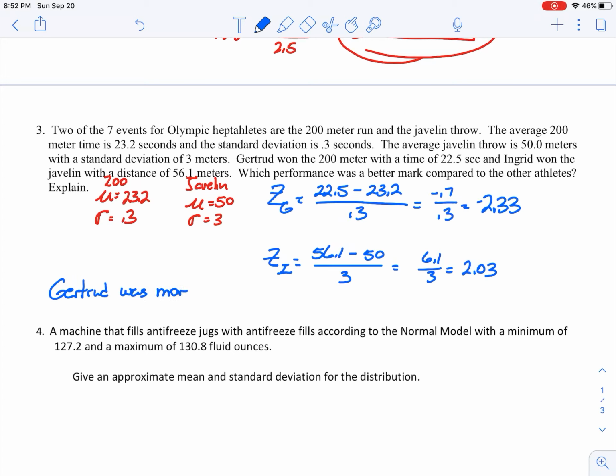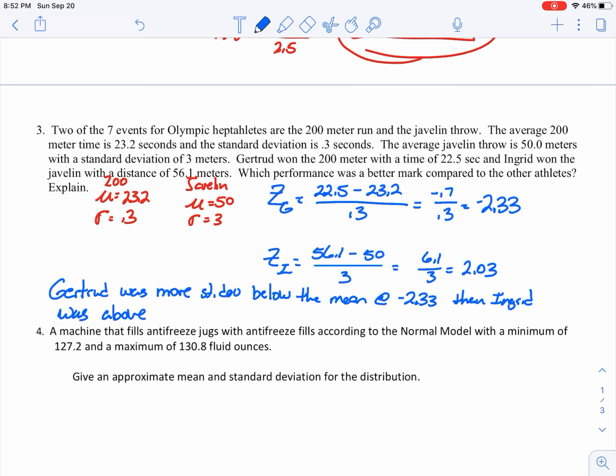Gertrude was more standard deviations below the mean at negative 2.33 than Ingrid was above the mean, because Ingrid wanted to be above, Gertrude wanted to be below.